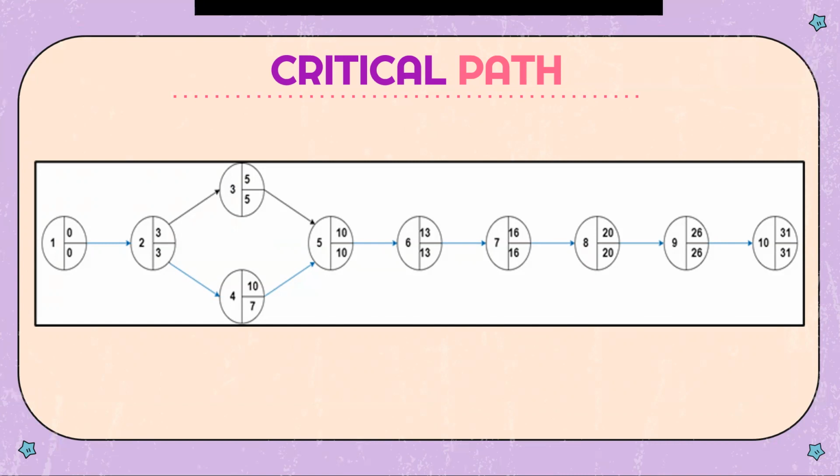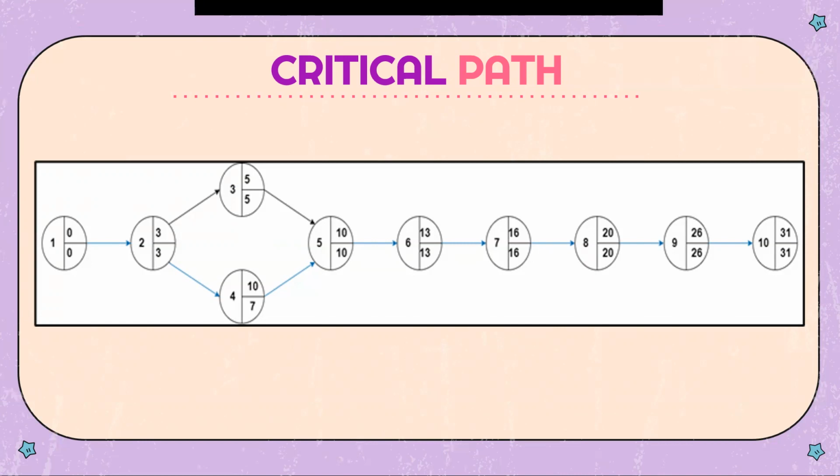In this picture, it can be seen that the ET and LT values of each node. The value on the top right is the ET value, and the value on the bottom right is the LT value. At node 3, the ET value is 5 and the LT value is 5.